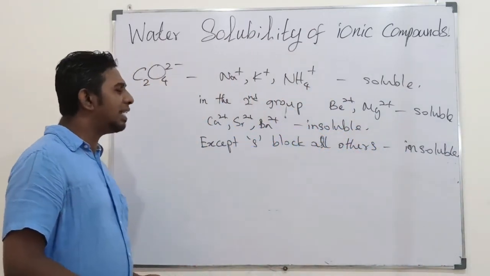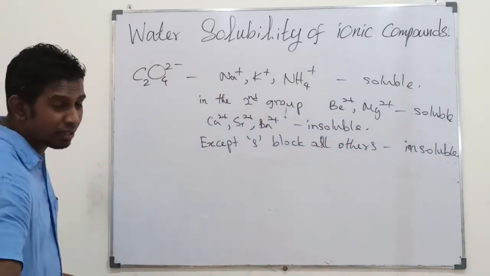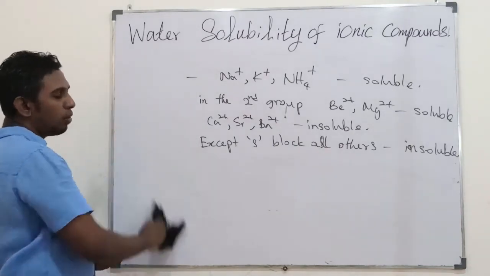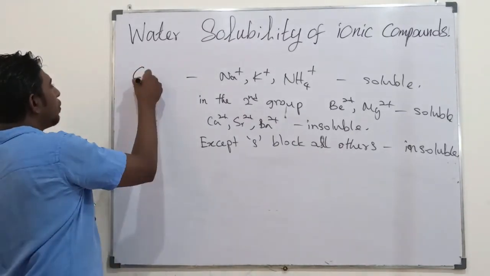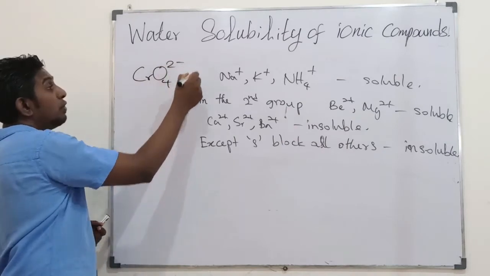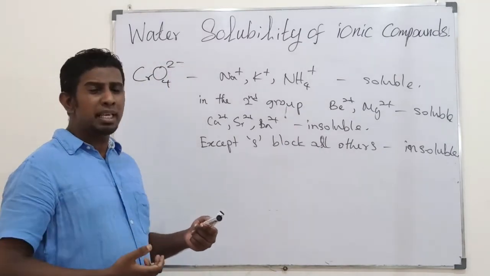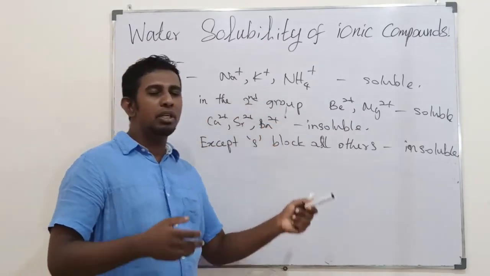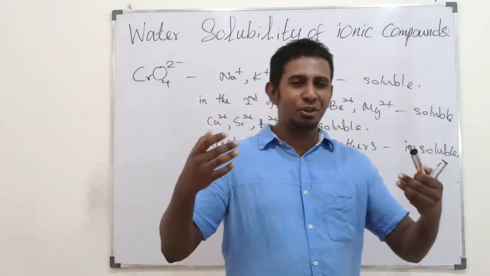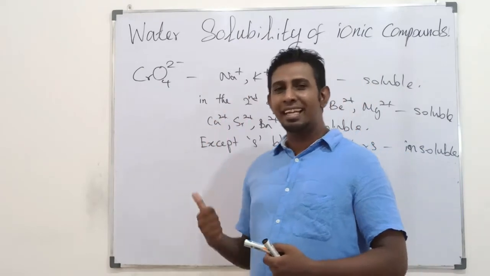Okay, then let's find out regarding chromates. What is the solubility of their chromates? Students, chromate is CrO4 2 minus. Again, it will behave similarly. Sodium, potassium and ammonium chromates are water soluble for those lucky cations.